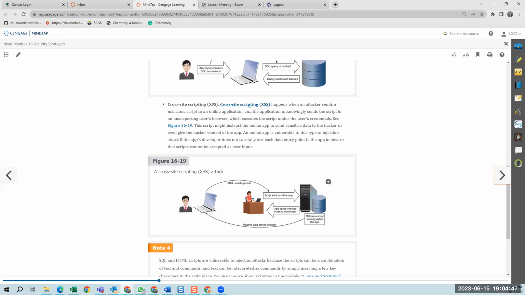All it takes is one malicious script running in the background, and bad things happen. So that's the cross-site scripting that they're talking about.